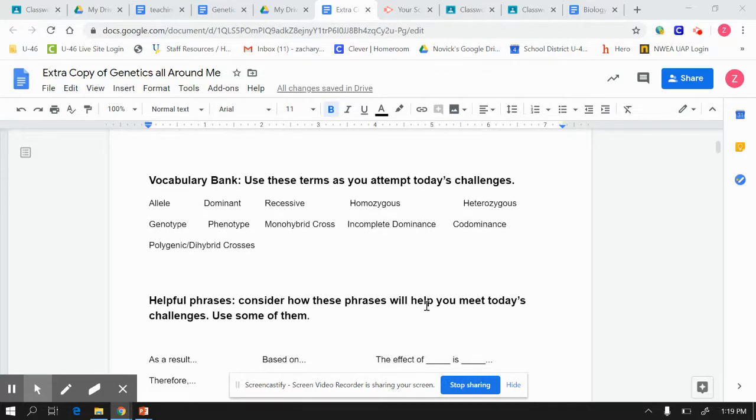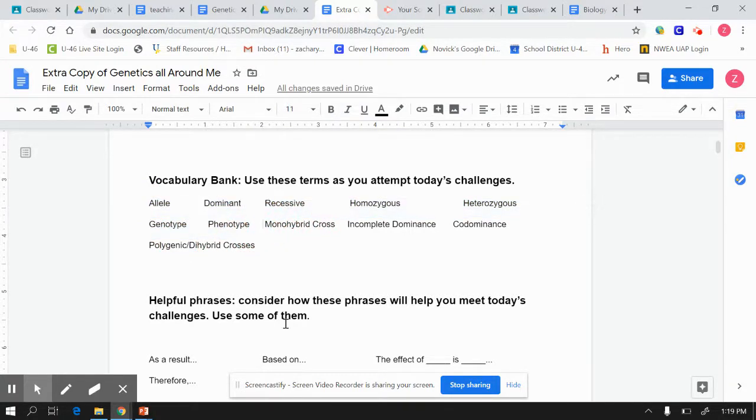So here you see a vocabulary bank. Now, this vocabulary bank uses words from throughout the unit prior to distance learning and from what you did last week. Please notice all of those classic terms: allele, dominant, recessive, homozygous, heterozygous, genotype, and phenotype.